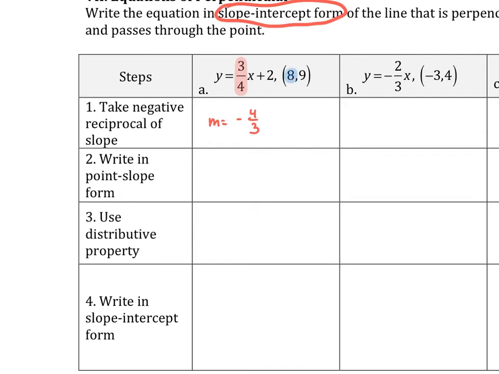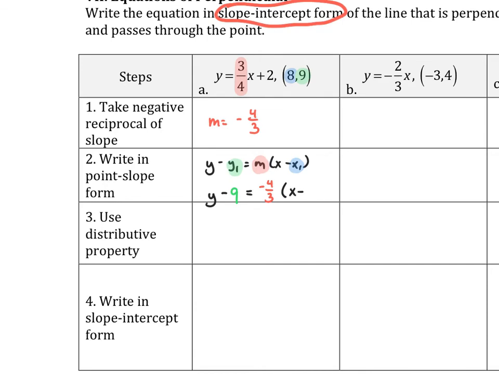Now I'm going to take that 8 and that 9, and we're going to substitute everything into y minus y1 equals m times x minus x1, point slope form. So substituting in, y minus 9 is equal to my slope, let's get that right, my slope is negative 4/3.